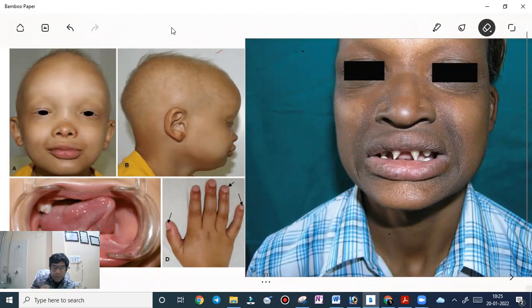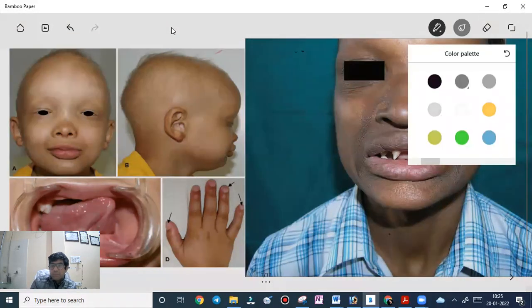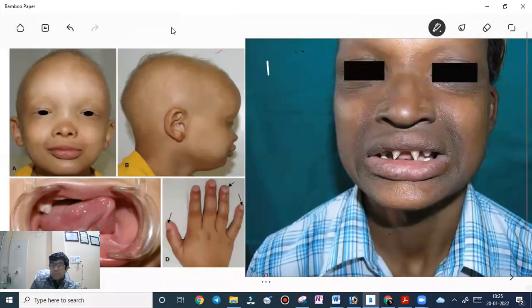Now you should know, in ectodermal dysplasia, the ectodermal structures that are abnormal are, number one, the hair, teeth, nails, and salivary glands.